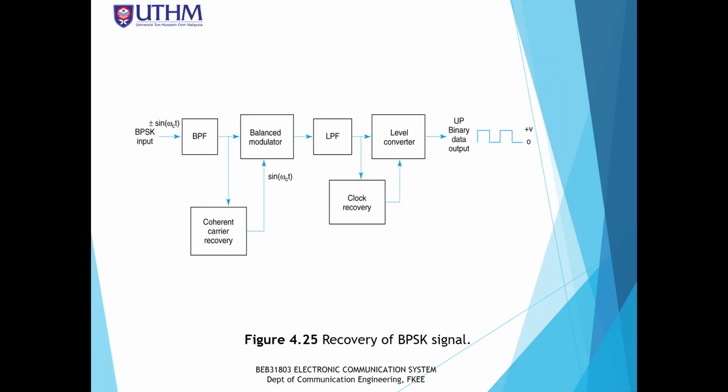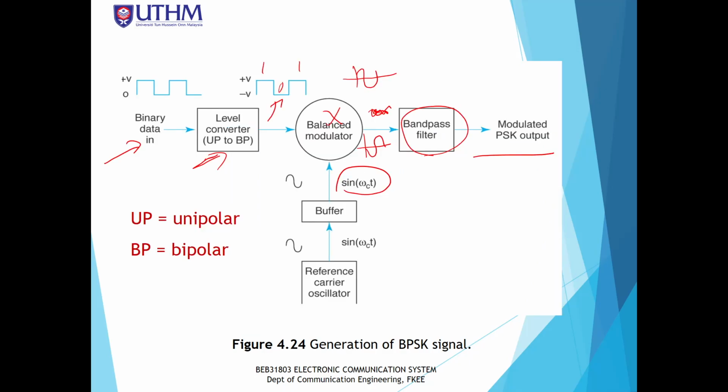From here, this is the receiver side, where we have the BPSK input. What we send from the transmitter is either the sine wave or the negative sine wave, depending on the input. If the input is logic 1, we transmit sine wave, sine omega ct.